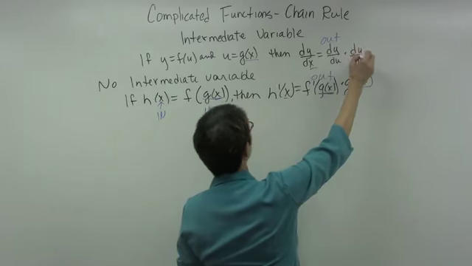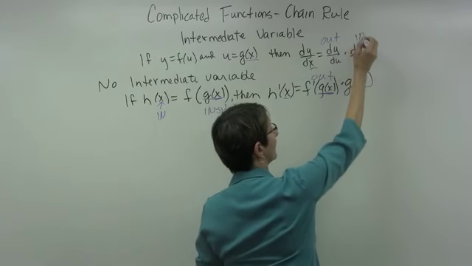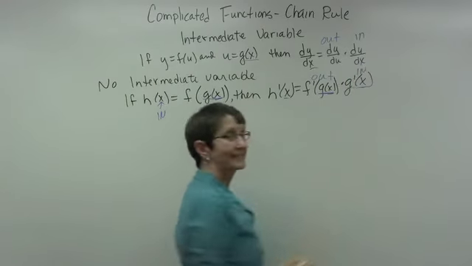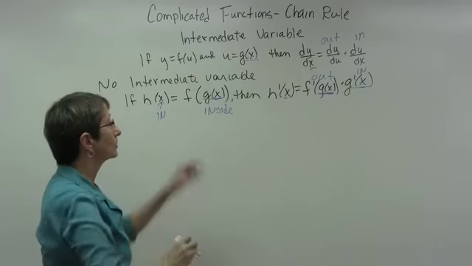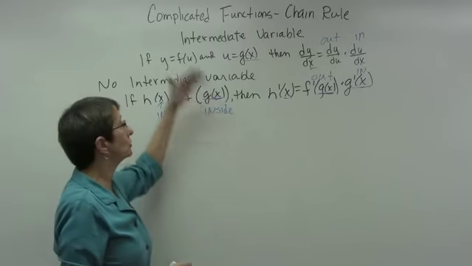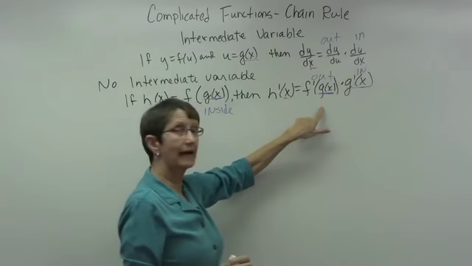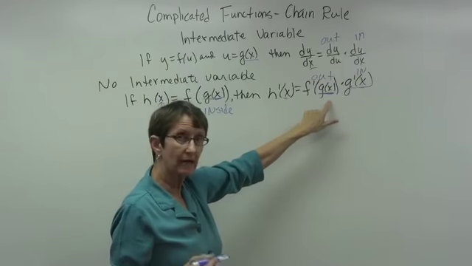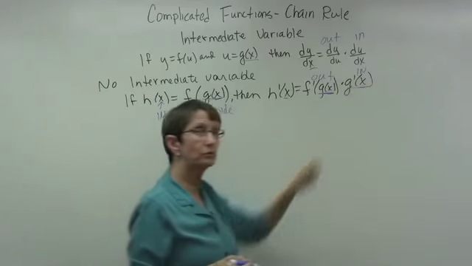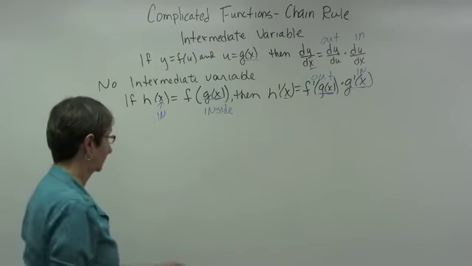And then the derivative of u with respect to x, u is the inside function, just like g is the inside function. So basically, whichever rule you choose to use with the chain rule, you multiply the derivative of the outside function, where the inside is not changed, times the derivative of the inside function.